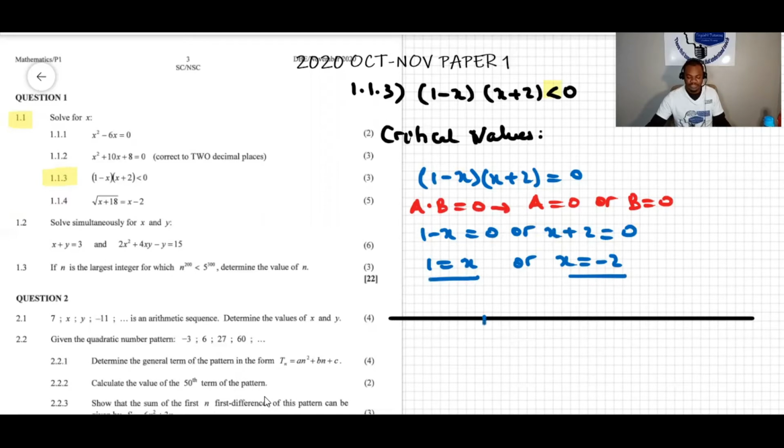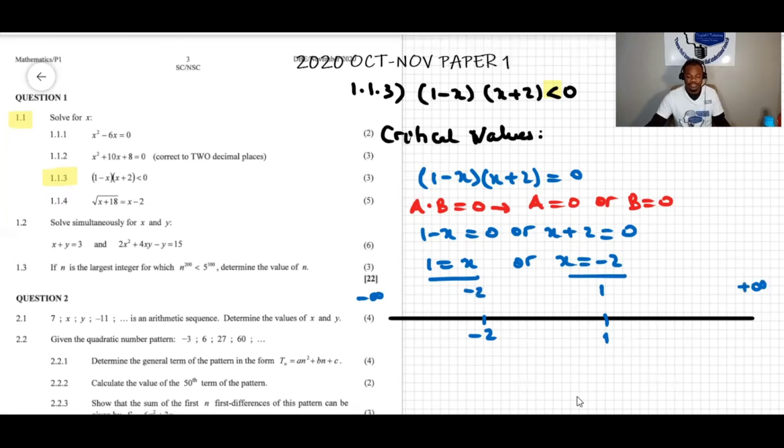I cannot put 1 over here and then -2 there. So first I place -2 and then 1. Now we have 3 intervals: from -∞ to -2, from -2 to 1, and then from 1 to +∞.